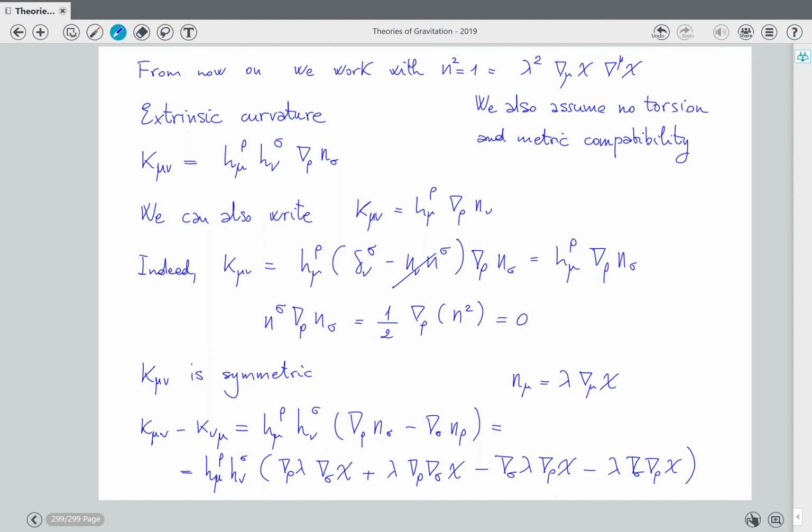So the two covariant derivatives on a scalar chi commute because the torsion is 0. We have the two simple derivatives plus a Christoffel symbol, but the Christoffel symbol is symmetric. Those two vanish. And the other two disappear. Why?